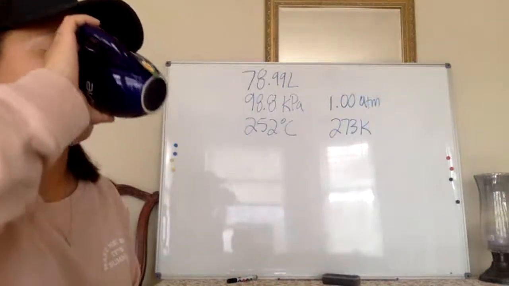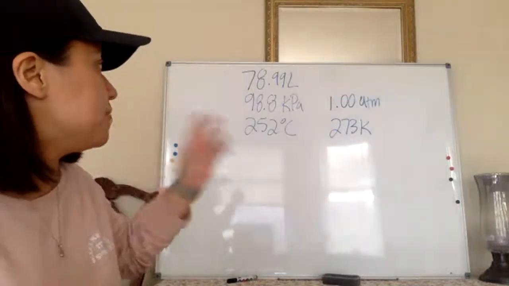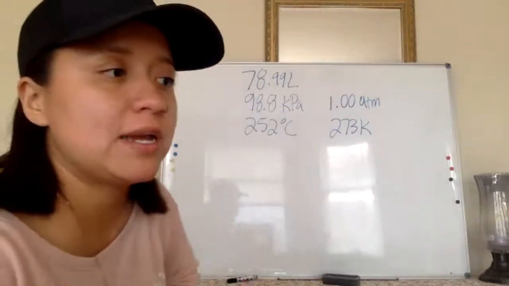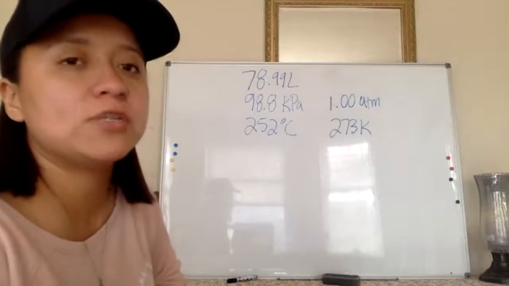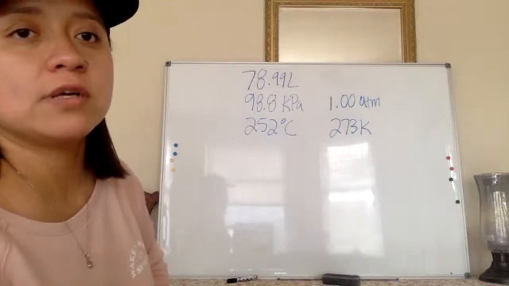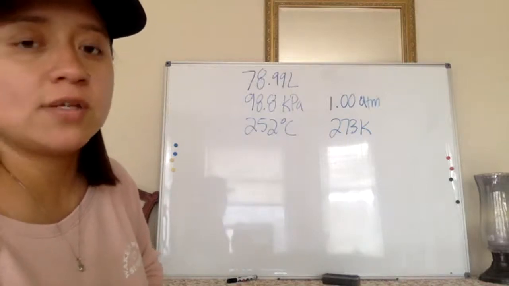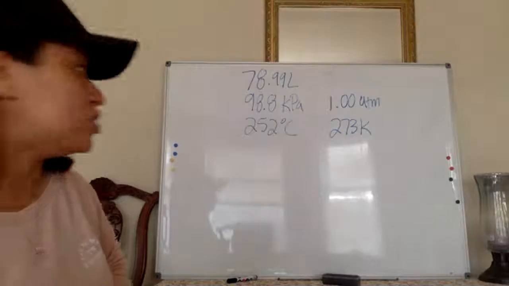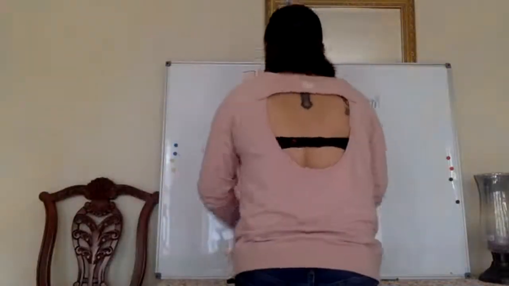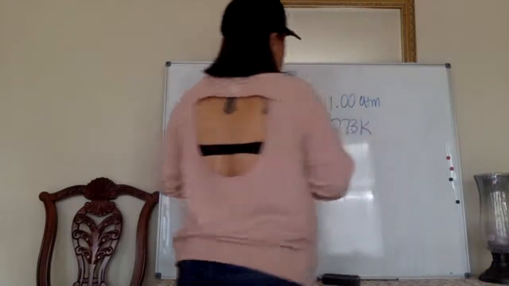So let's make these units match, guys. First of all, let's look at temperature. 252 Celsius. We need to add 273 to that. We can just simply add 273, and then that matches the Kelvin.